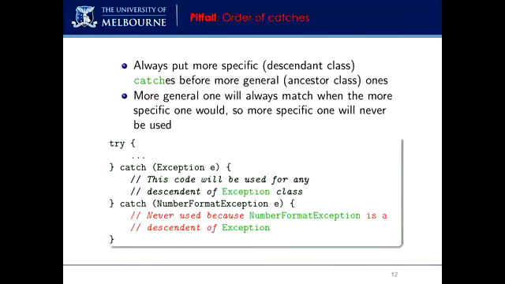So the pitfalls. You need to always try, for good programming style, to put the most specific exception as the check in the catch, or to throw a specific exception rather than a general exception, because it allows you to understand what is going on with the code more succinctly.